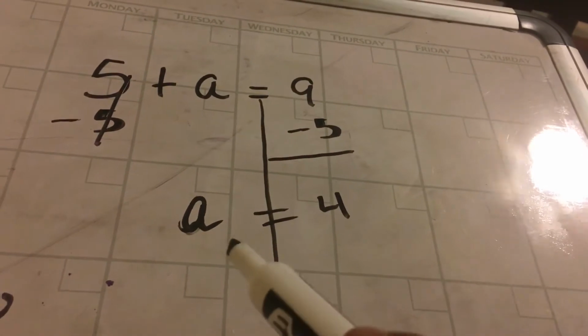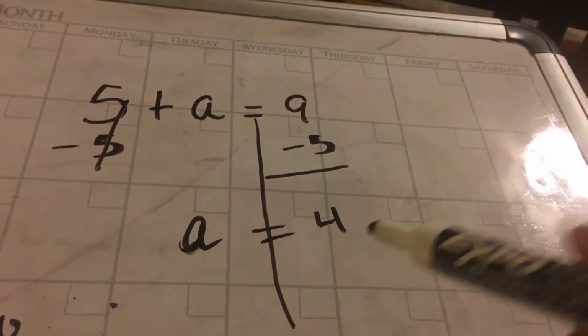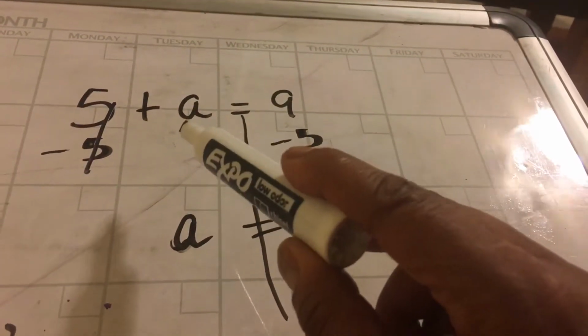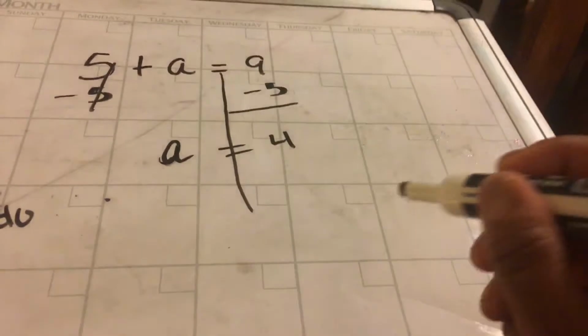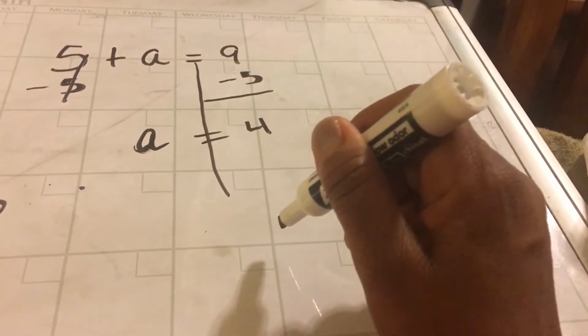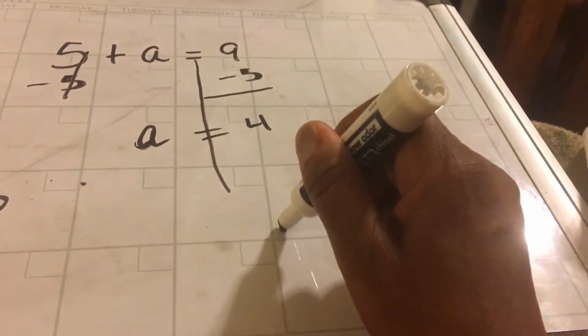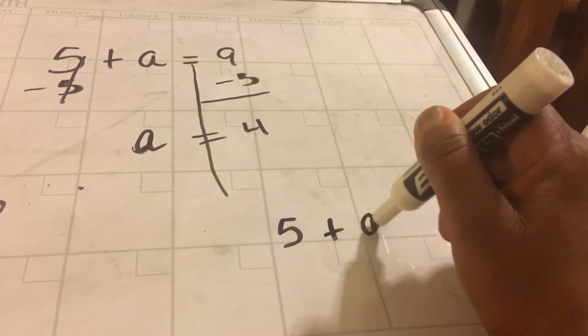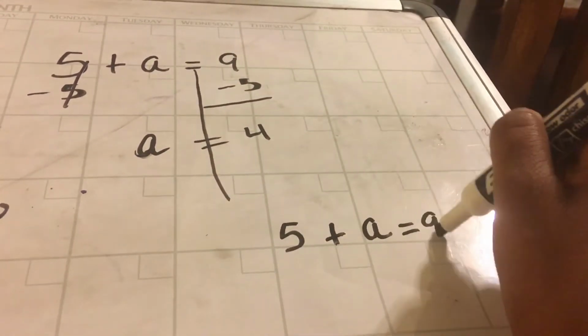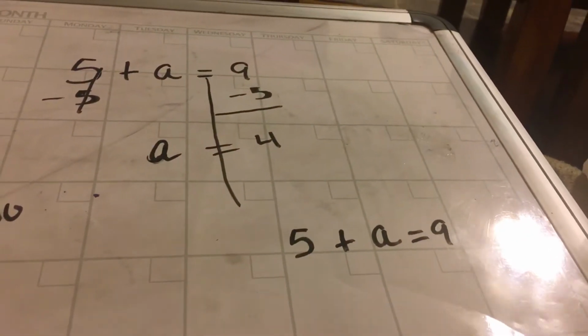So since a is equal to 4, where the a is in this equation, we're going to put the 4 and see if that's equal to 9. So I'm just going to rewrite our original equation. 5 plus a equals 9. Well, remember that's what we started with.